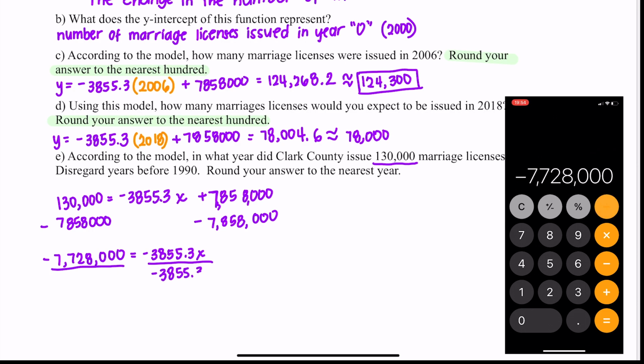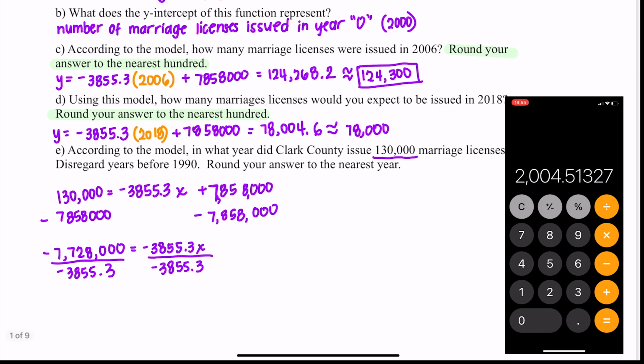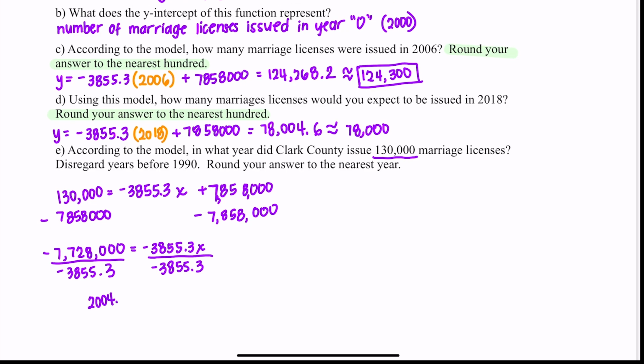Divide that by both sides, and we are going to get, and don't forget the negative sign, 2004.5. And since the answer is asking us to round to the nearest year, we're going to go ahead and call this 2005. And that's it.